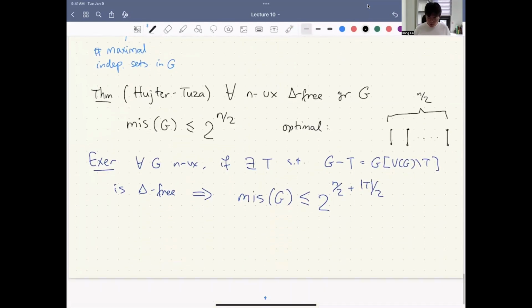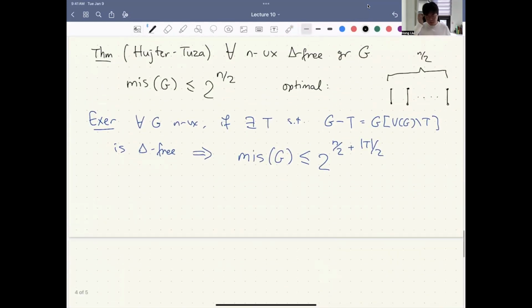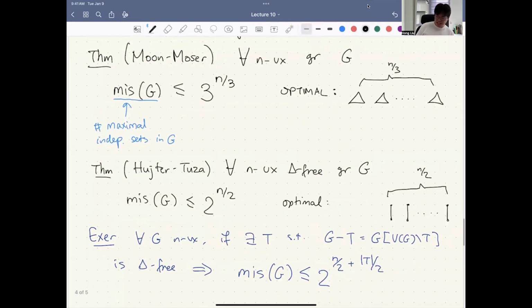This was first noticed maybe by Ilinka and Kang.